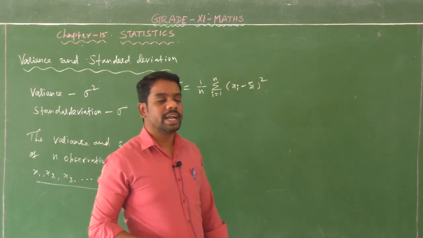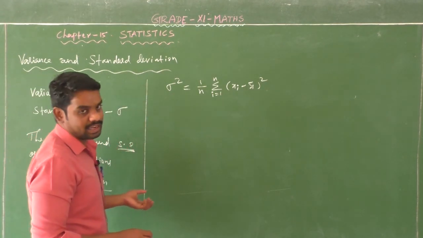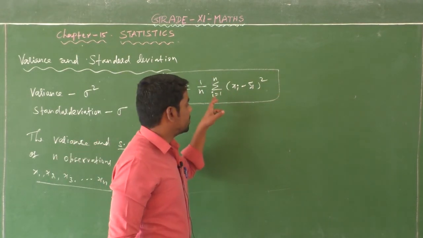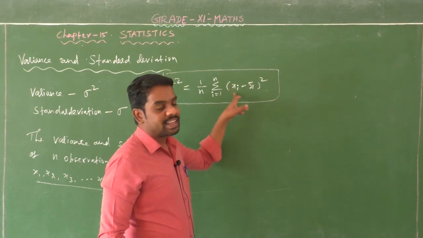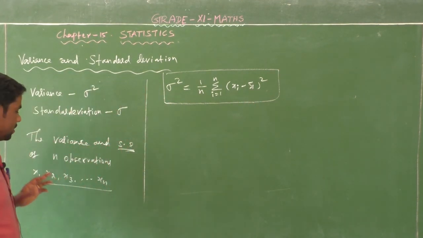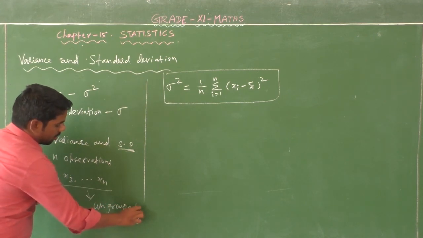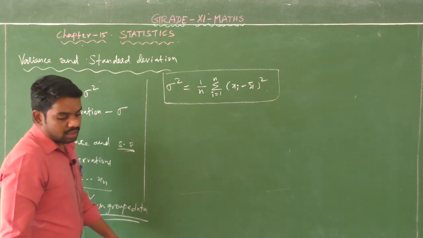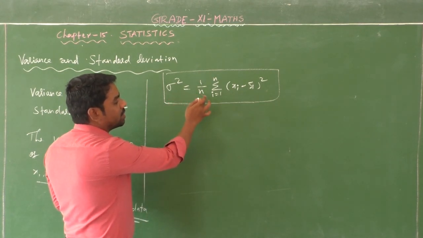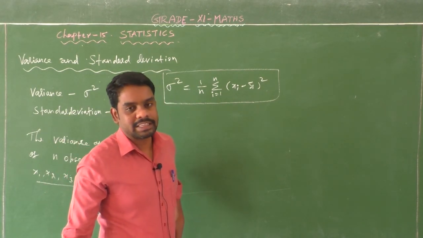This is the variance of the given observations. So, a very important formula: sigma squared equals 1 divided by n, summation of i equal to 1 to n of xi minus x bar the whole square, when the given data is ungrouped data.